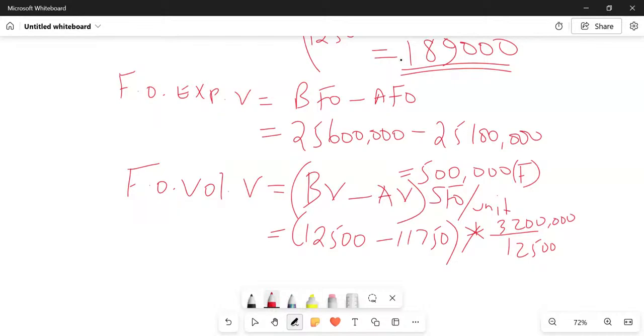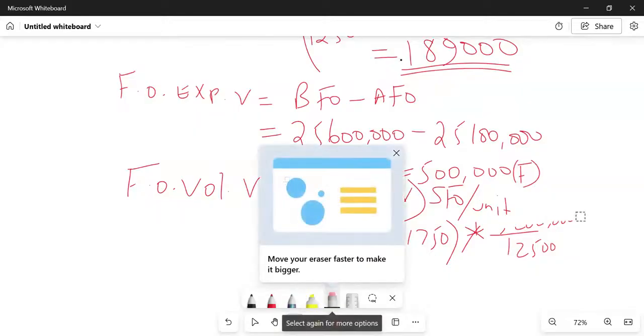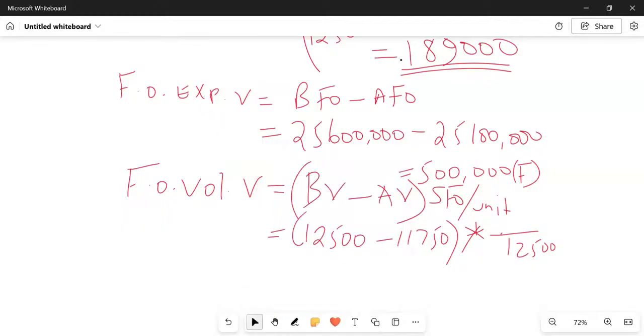So 600,000. Yeah. So then can you kindly give me this answer here? Just try your best. Budgeted over budgeted, standard fixed overheads per unit.